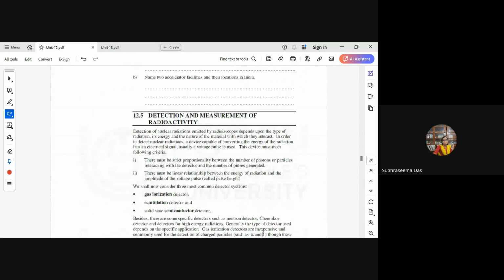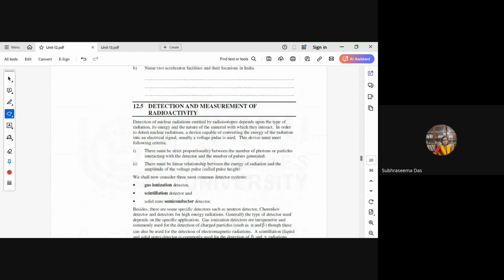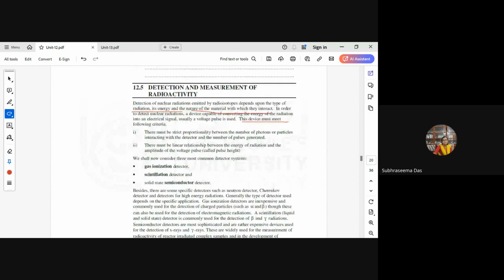Now, detection and measurement of radioactivity. Detection of nuclear radiations emitted by radioisotopes depends upon the type of radiation, the energy of the radiation, and the nature of the material with which the radiation interacts. Therefore, the measurement of radioactivity is done by an instrument that must meet the following criteria.